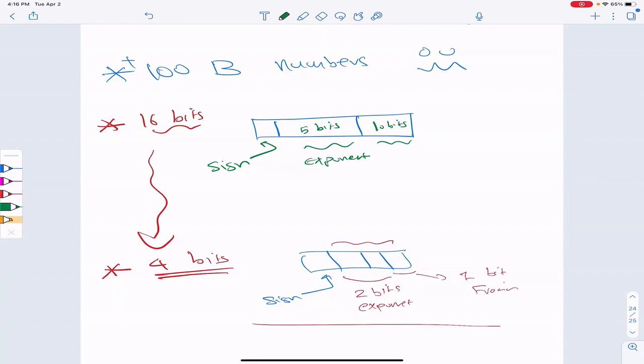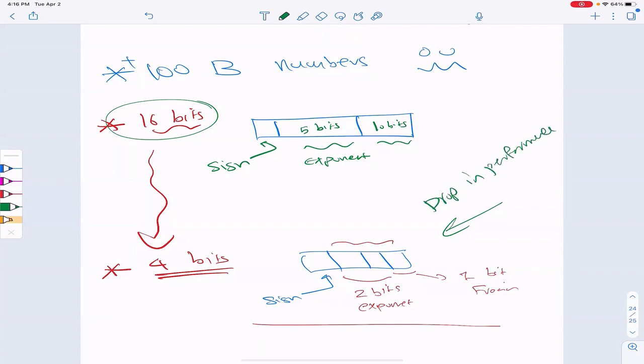But broadly speaking, when you go below 16, your performance suffers quite a lot. Like from 32 to 16, it is okay. But when you go from 16 to 8 or even worse to 4, you see a significant drop in performance.